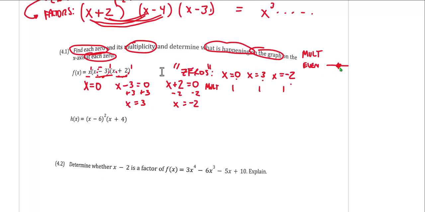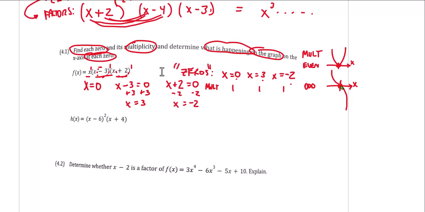If the multiplicity of that zero is even, the graph will touch at that zero, as opposed to if the multiplicity is odd, the graph will go through at that zero. Okay, so again, this is the x-axis, and where the graph hits the x-axis, the x-intercepts, in other words, those are our zeros.